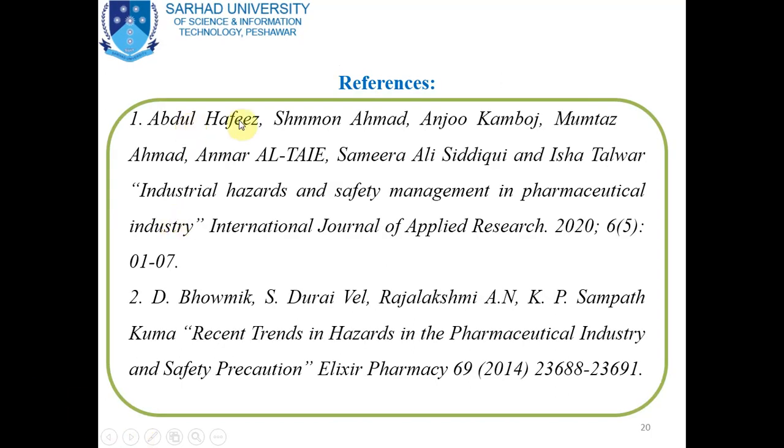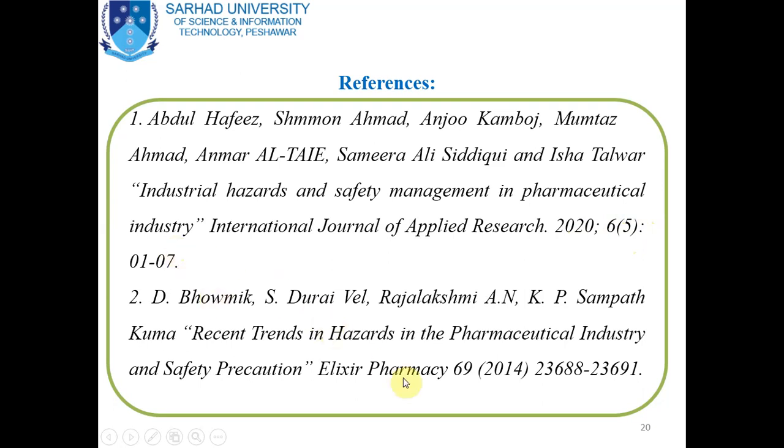For references, you can consult the research article on industrial hazard and safety management in the pharmaceutical industry by the authors, published in the International Journal of Applied Research in 2020, with volume, issue and page numbers also given.